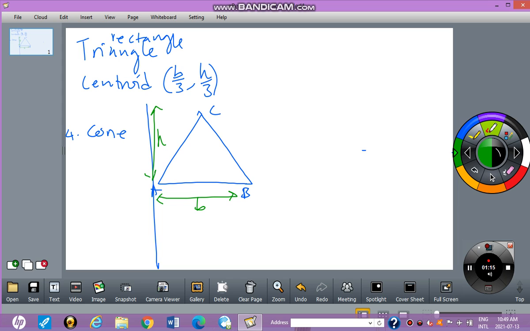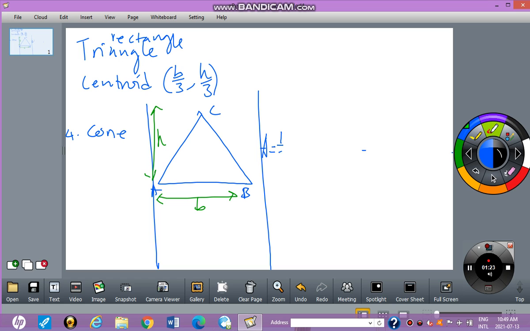Okay. Then from there, how do we get the area? Area we say 1 over 2 base H. Okay. And then how do we get the centroid? We are continuing, this table is continuing. It's already having the information at the top for each column.